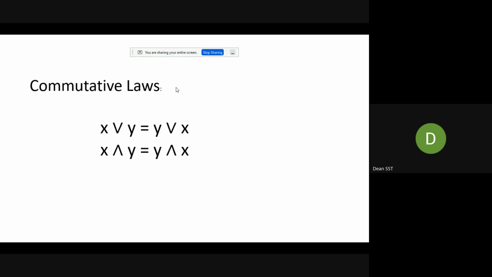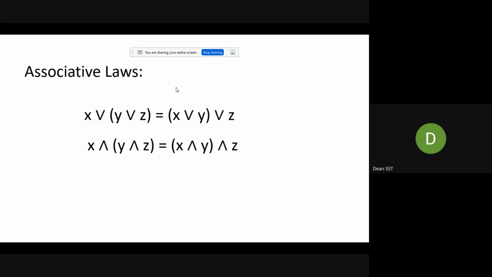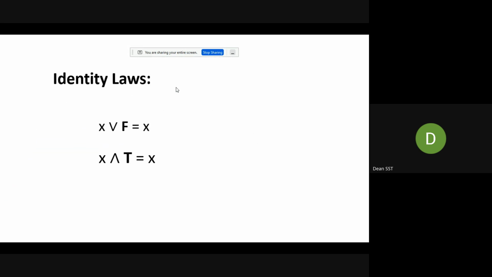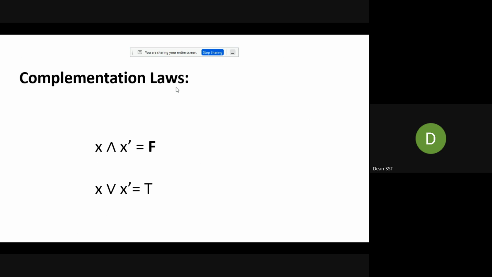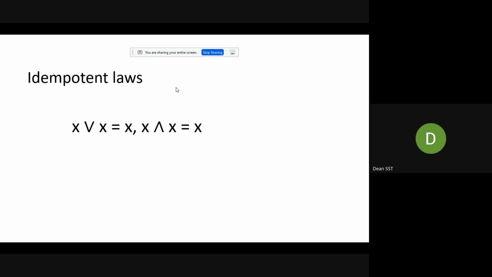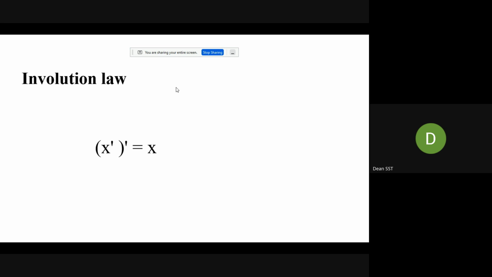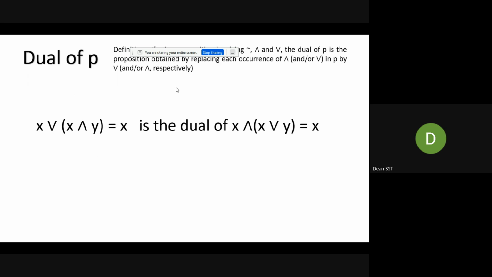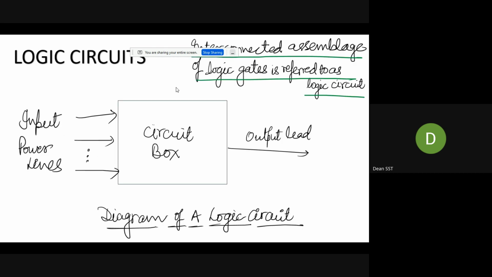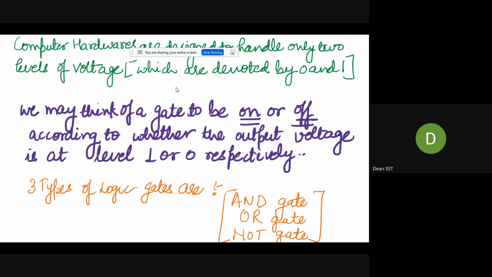Under Boolean algebra, we are going to cover a few laws like associative, commutative, distributive, identity, complementation laws, idempotent laws, absorption laws, involution law, De Morgan's laws, and duality. Then thereafter we will cover logic circuits.